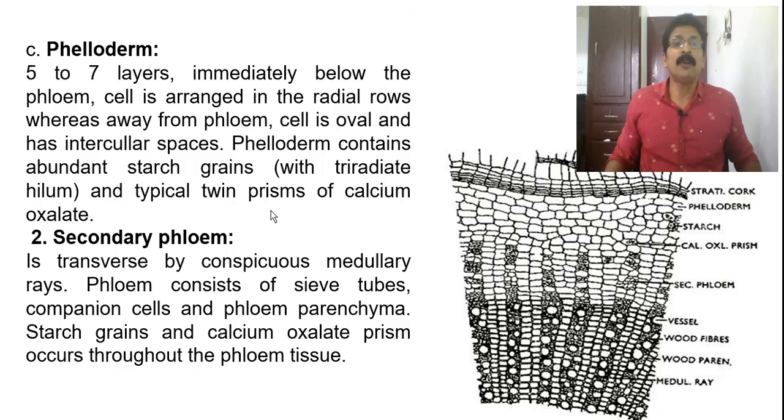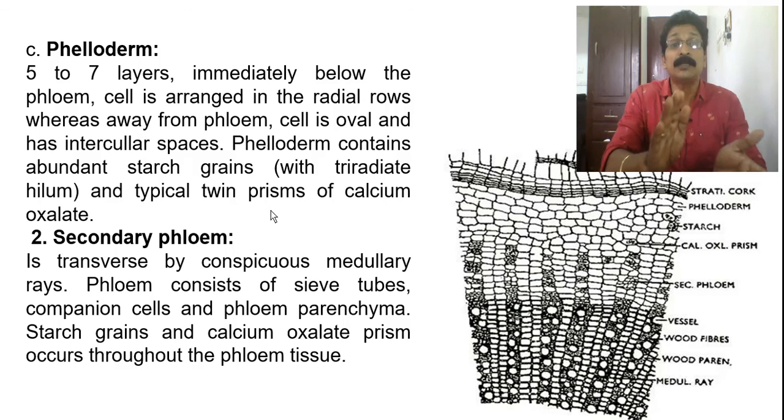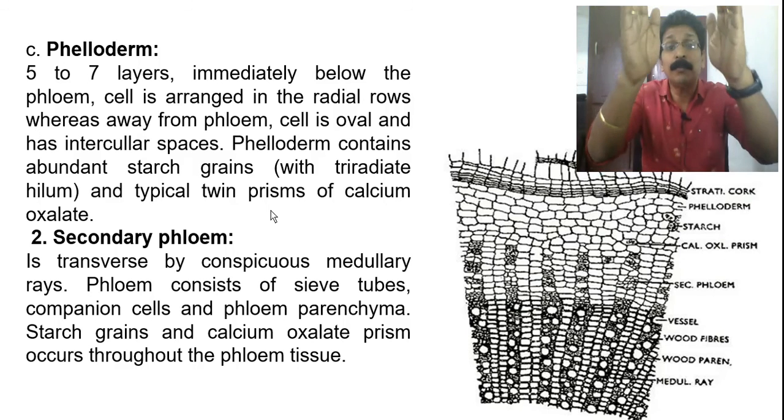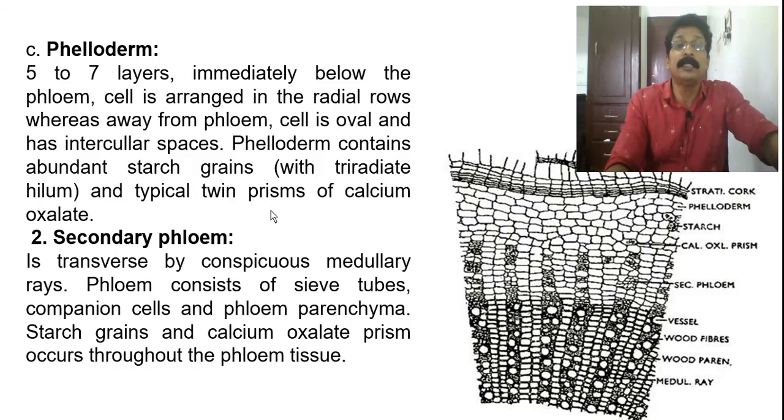And secondary phloem is traversed by conspicuous medullary rays. You can see in the picture the cells can be identified.